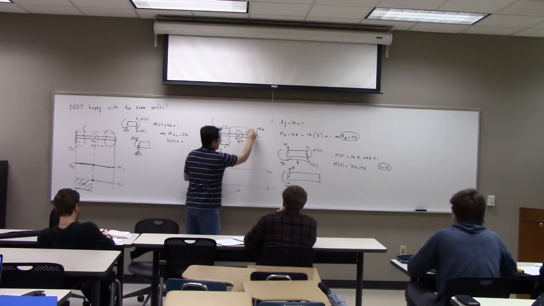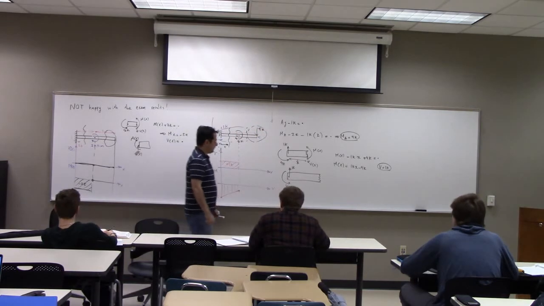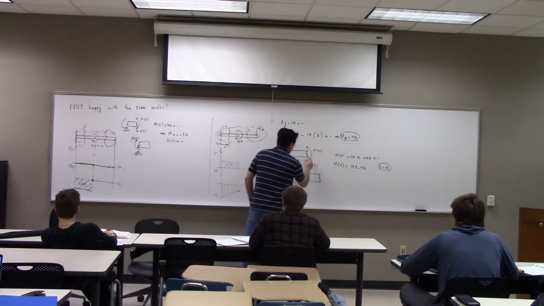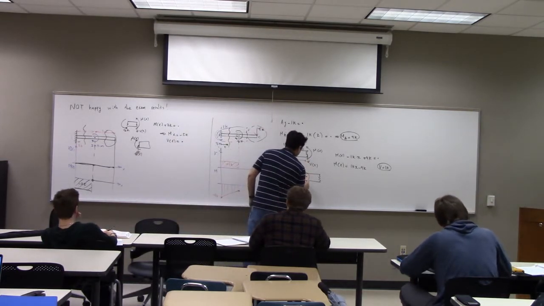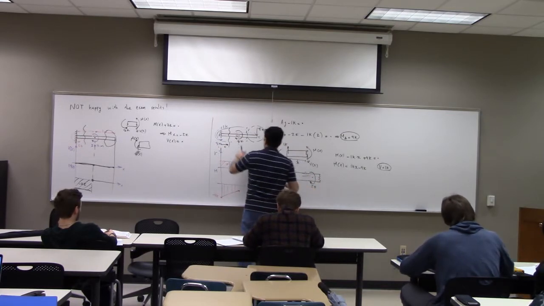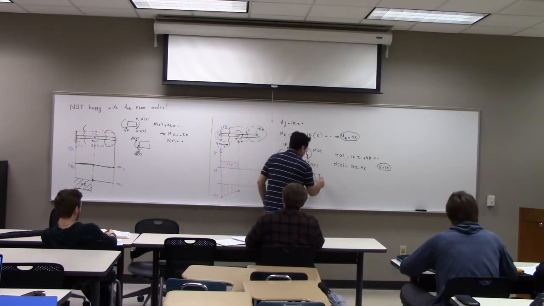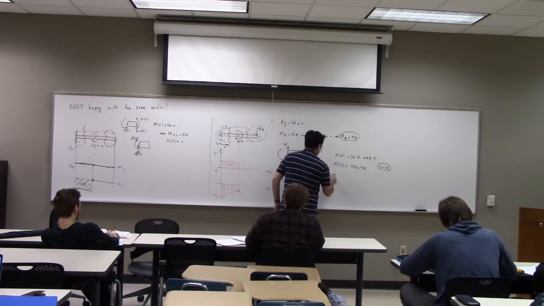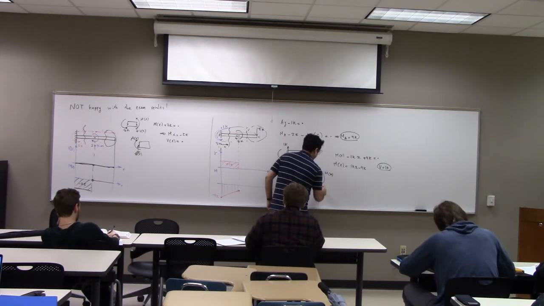You could take the one on the right. So you include that 2K, put it here. And then here you have MX and V of X goes down.